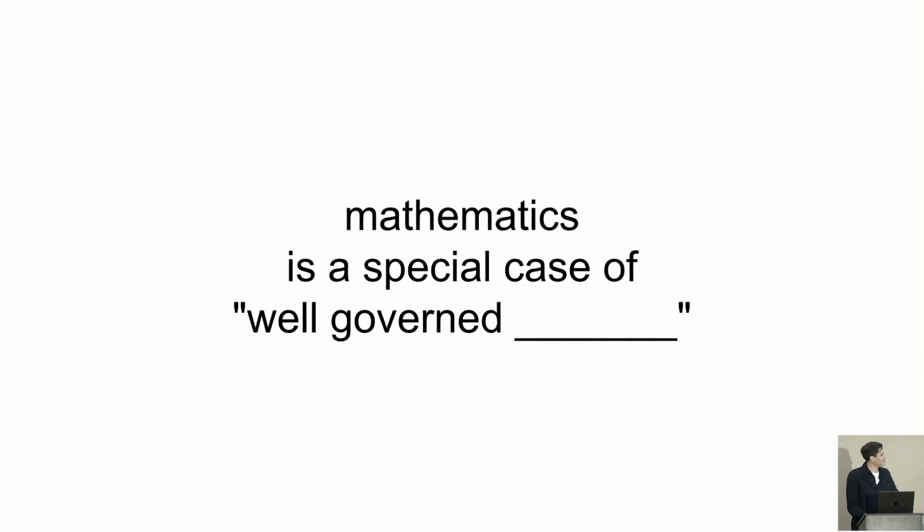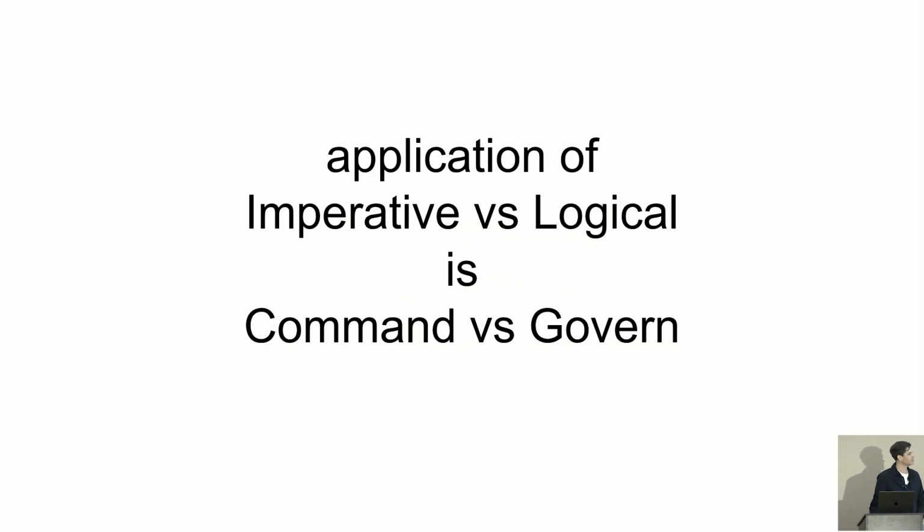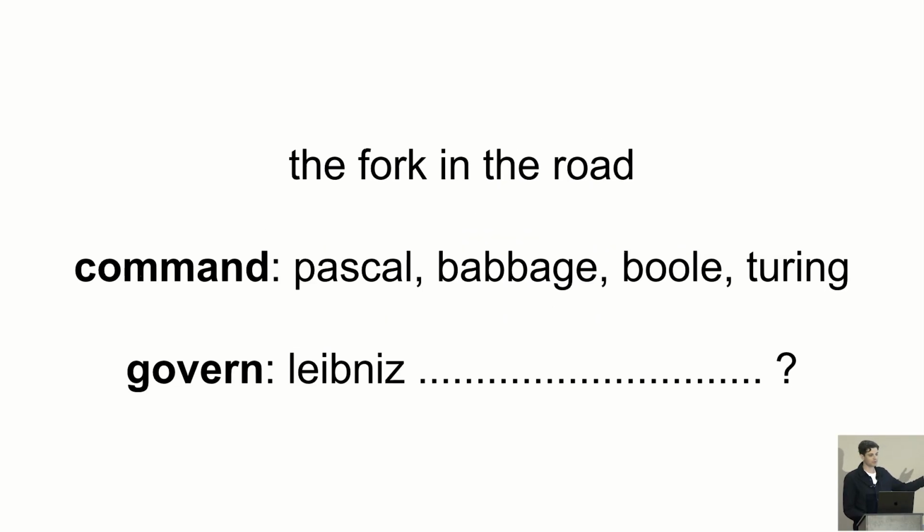But I feel that it sells us short, that mathematics is actually a special case of well-governed something. And I'm not going to fill in that something, I'll leave that to you, but it's a special case. And in fact, if anything, this command versus governed dynamic is the application of imperative versus logical, if we think about programming paradigms. Anyway, this left a fork in the road.